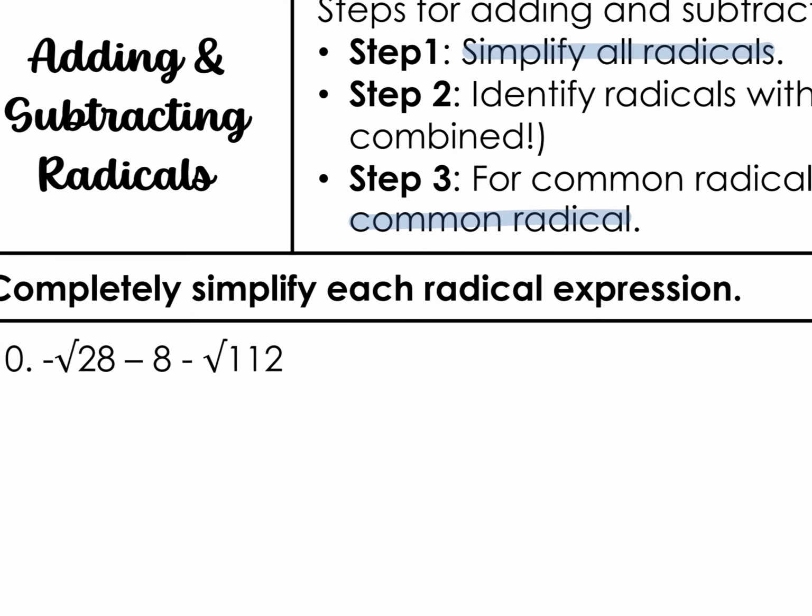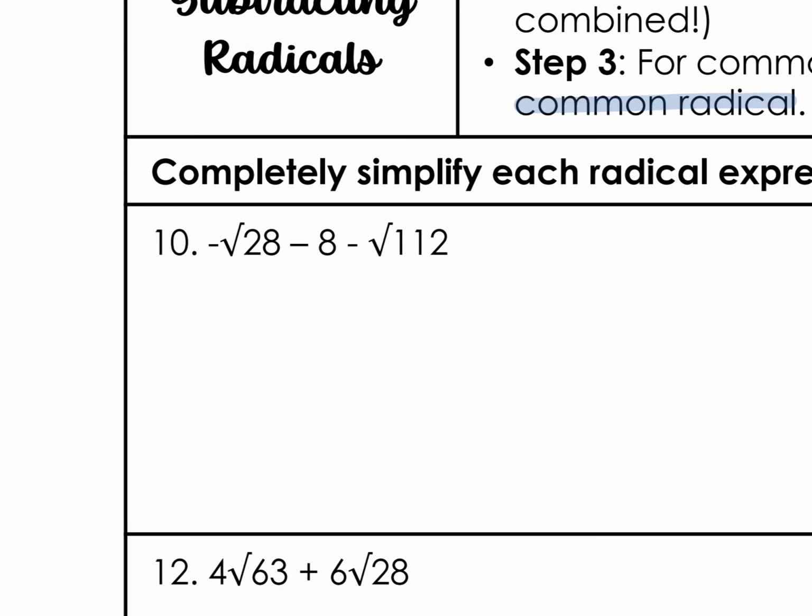All right, let's look at this first one here. So I'm going to just go through and simplify. Some factors of that 28 are 4 and 7. Then I can factor that 4 into 2 times 2.